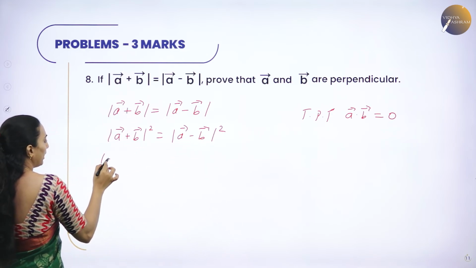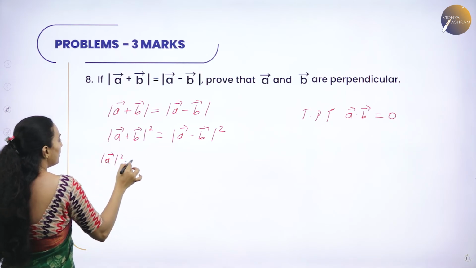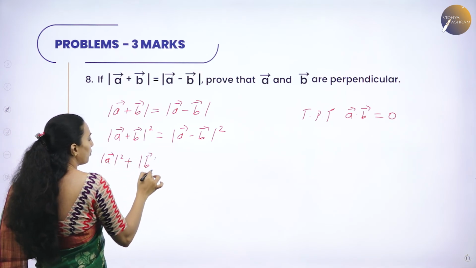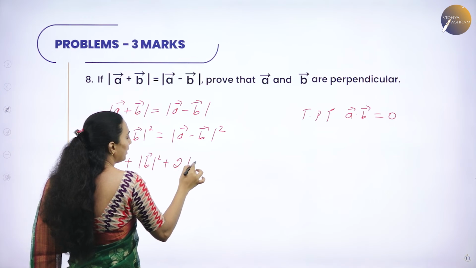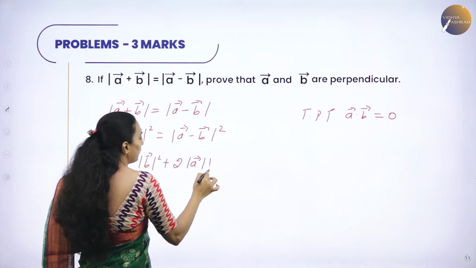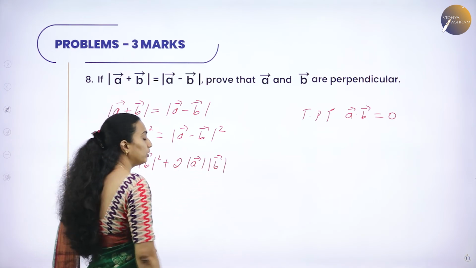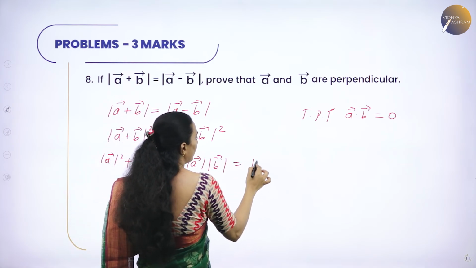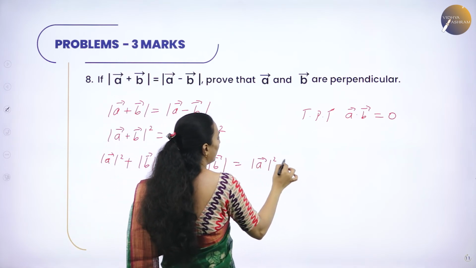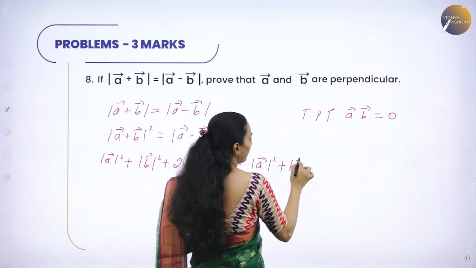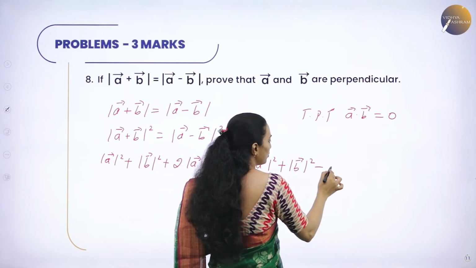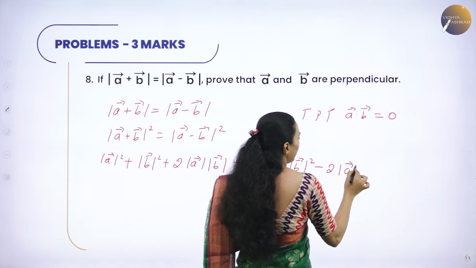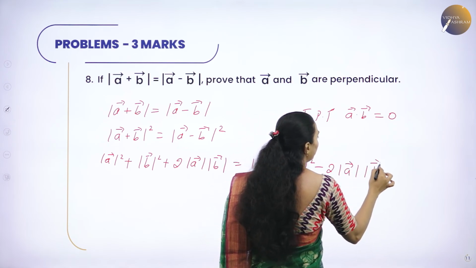You get magnitude of A squared plus magnitude of B squared plus 2 times magnitude of A into magnitude of B, according to A plus B whole squared. And this is according to A minus B whole squared, which is magnitude of A squared plus magnitude of B squared minus 2 times magnitude of A into magnitude of B.